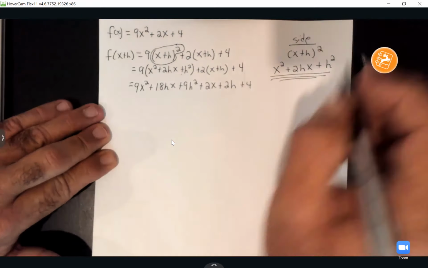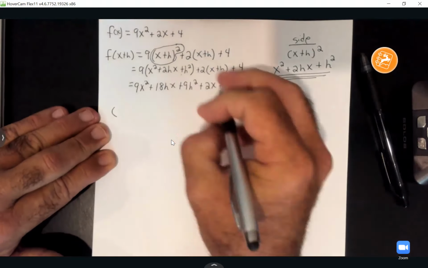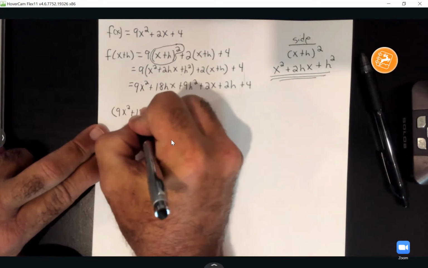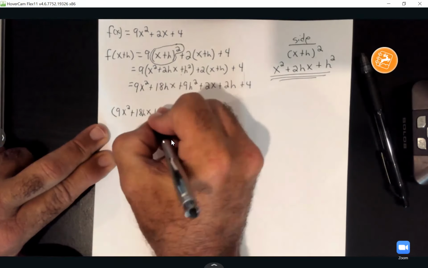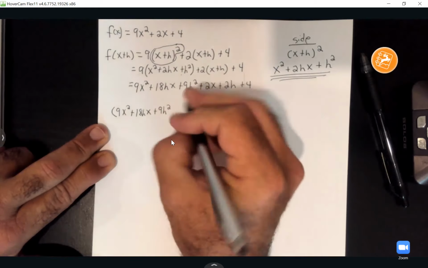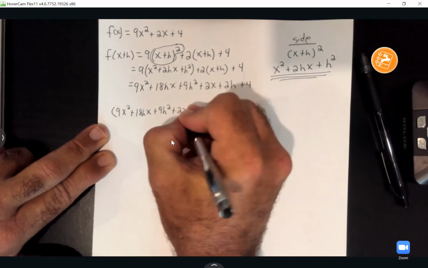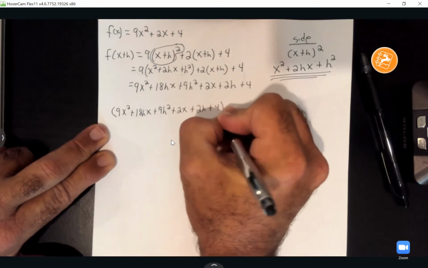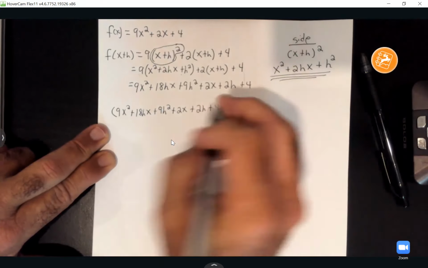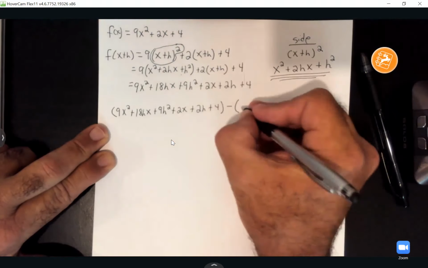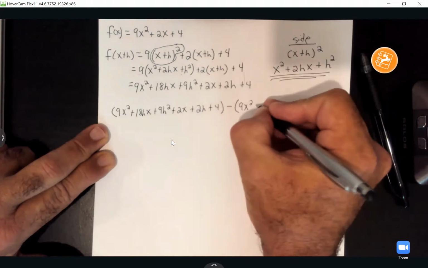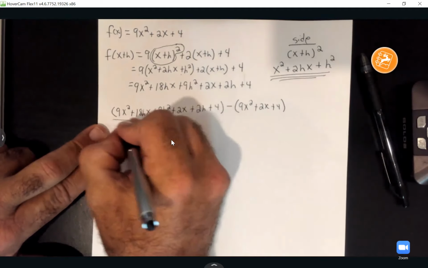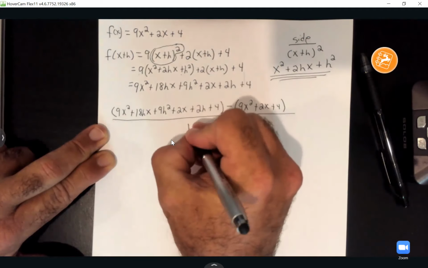So we're going to plug all this into our formula. f of x plus h will be 9x squared plus the 18hx plus 9h squared plus my 2x plus my 2h plus 4, all minus our f of x, which was 9x squared plus 2x plus 4, all of that over our h.